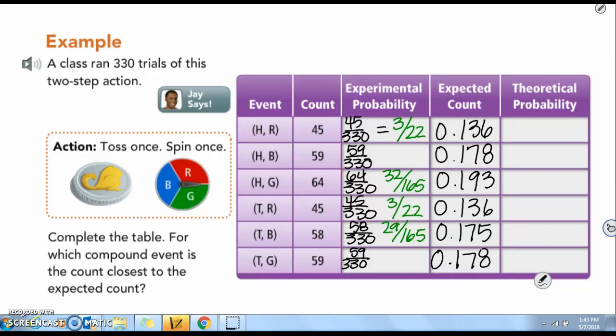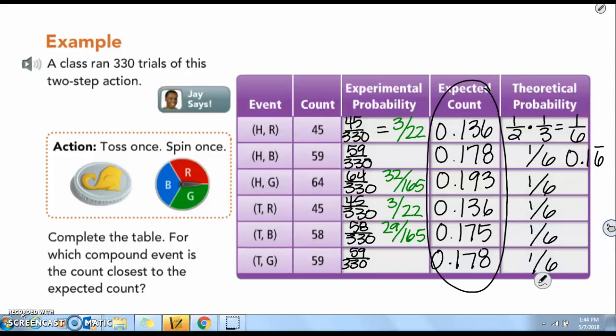The theoretical probability of tossing heads on a coin is 1/2 times the theoretical probability of spinning red, which is 1/3. That gives us 1/6. So the theoretical probability for all of these would be 1 out of 6. 1/6 as a decimal would give us 0.1666 with a 6 repeating.